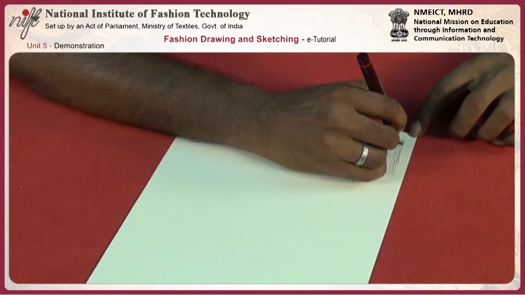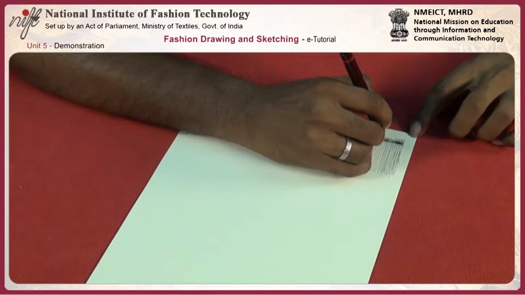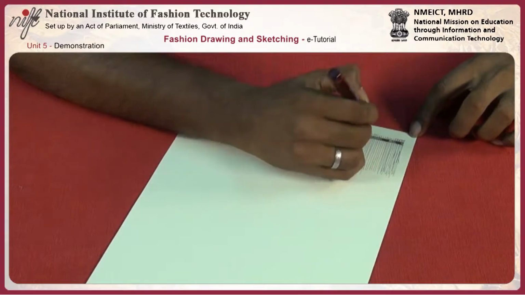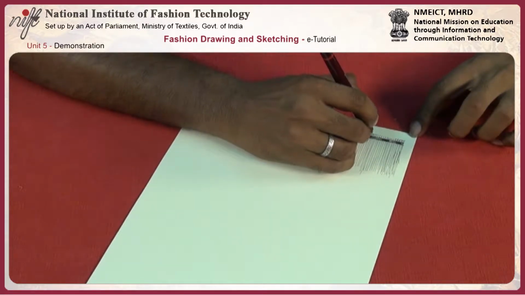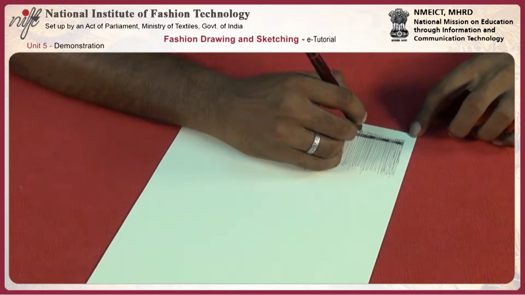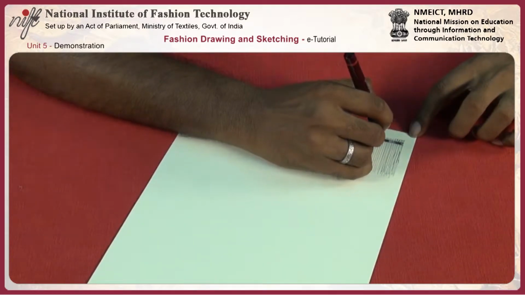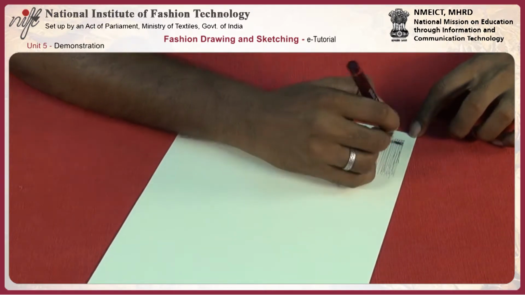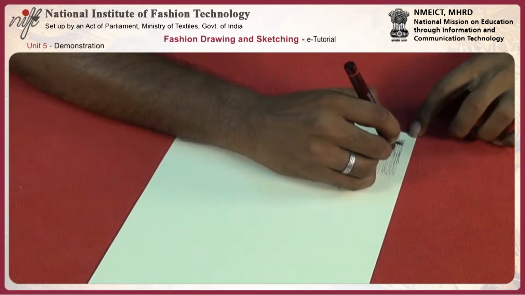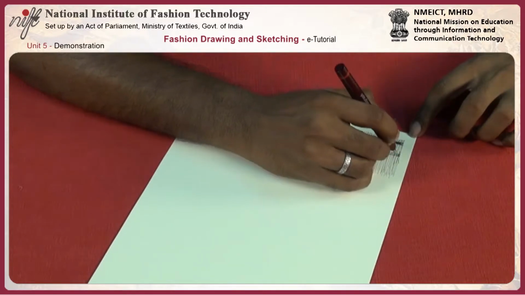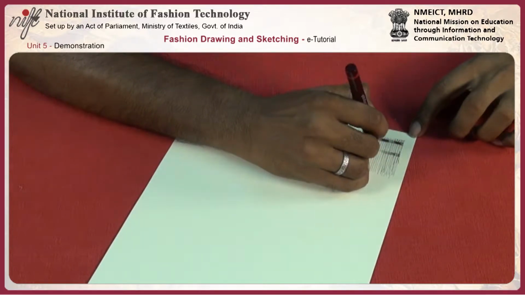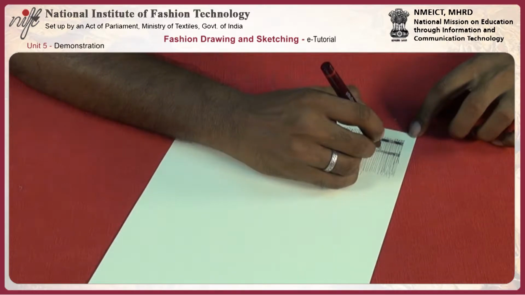Here, note that now I am drawing my lines very close to each other so that it creates a darkness. On top of that, I am adding more lines to make it look darker in certain places so that it creates a pattern.